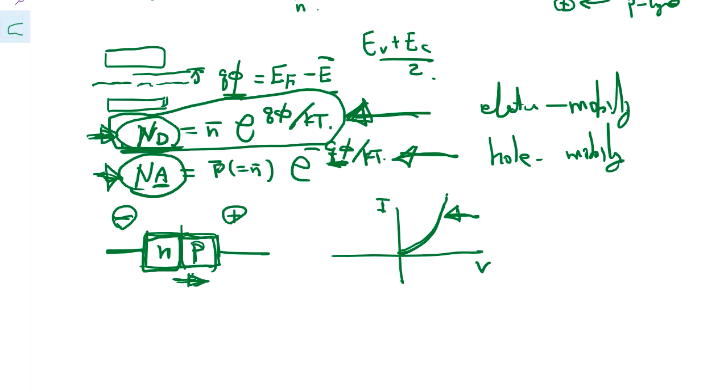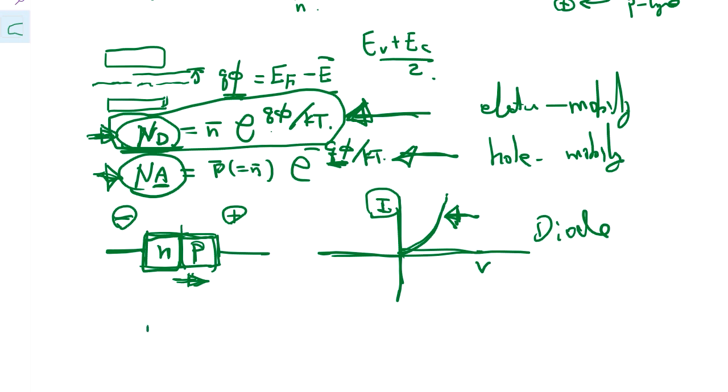Depending on how much ND, the Fermi level changes. So the exponential curve is going to depend on the amount of impurity. The characteristic is going to be exponential. This is the diode. Okay.